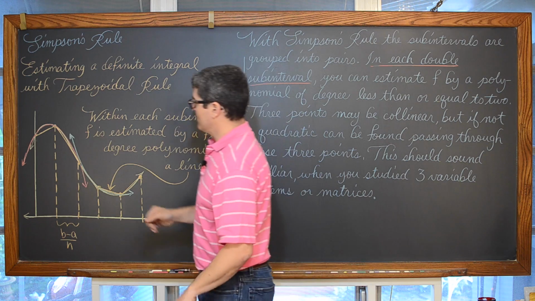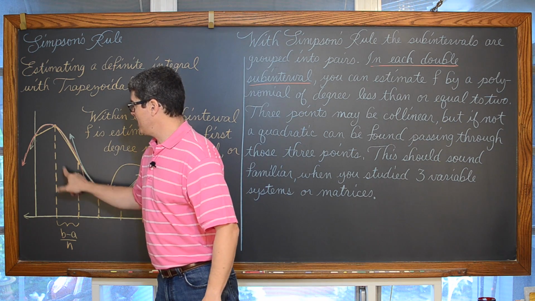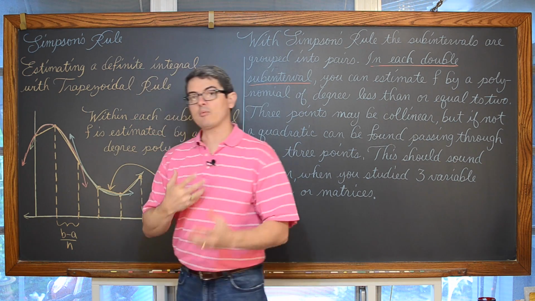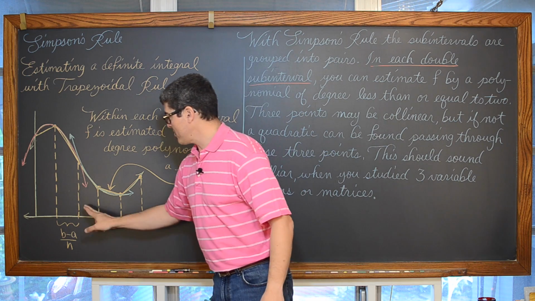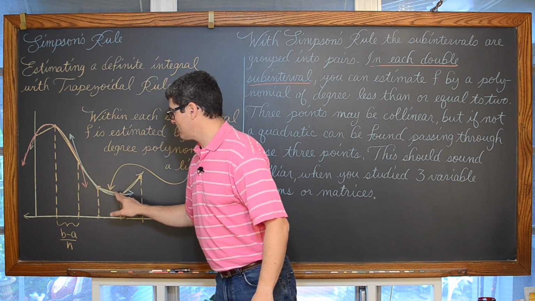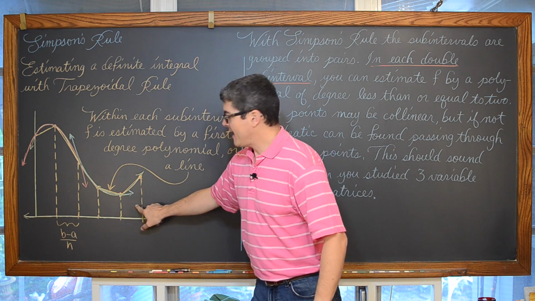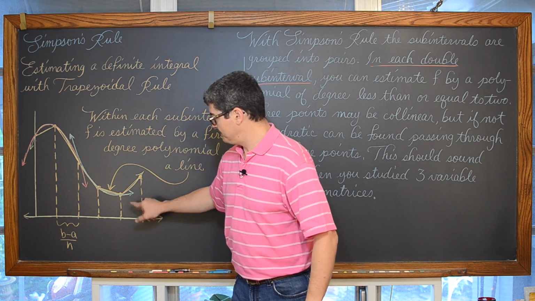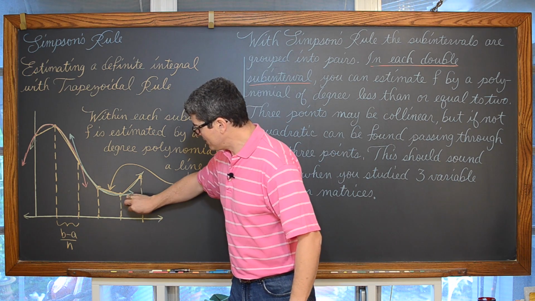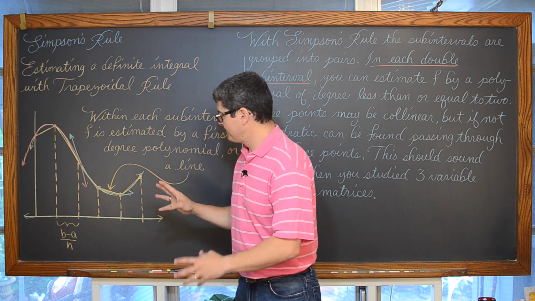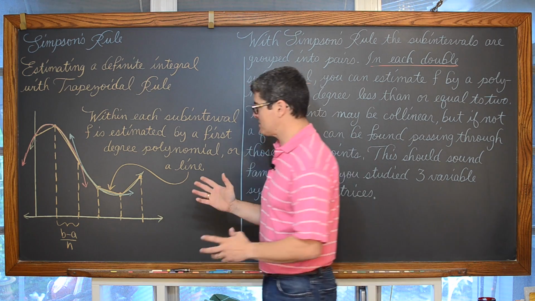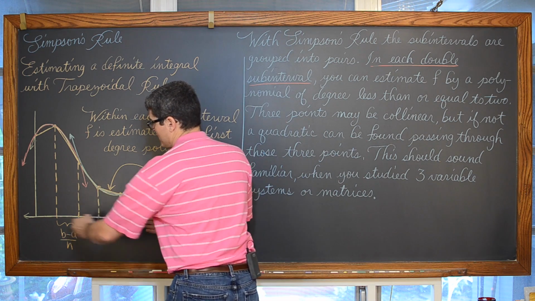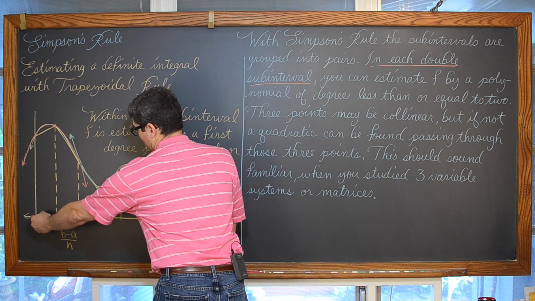But my problem here is I've got a double interval here, so I've got my 1, 2, 3 points my quadratic's going to pass through. I have another double interval here, so my 1, 2, 3 points, but that last interval is a problem. Just for purposes of making it easy to draw this picture, we're going to have to change this problem.